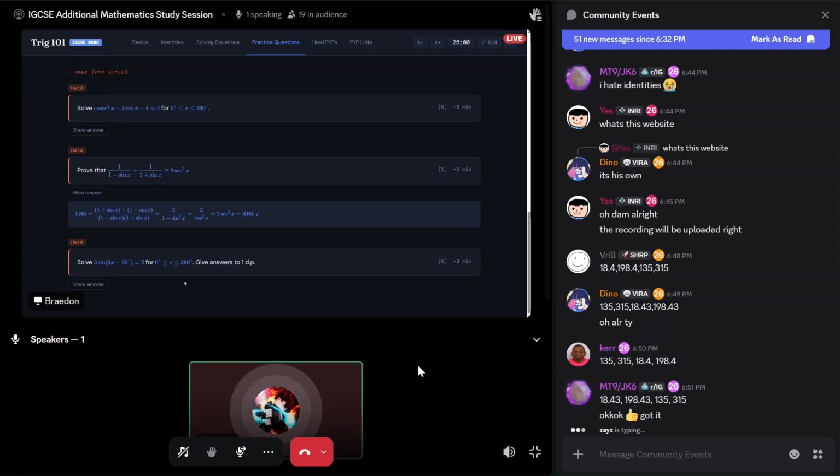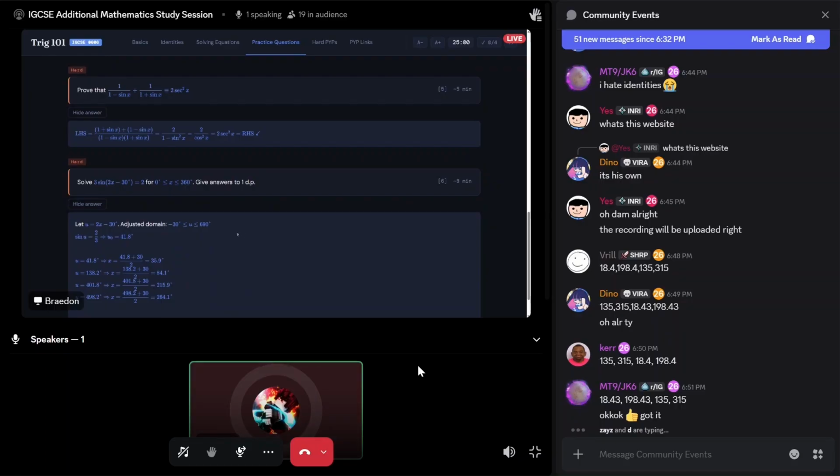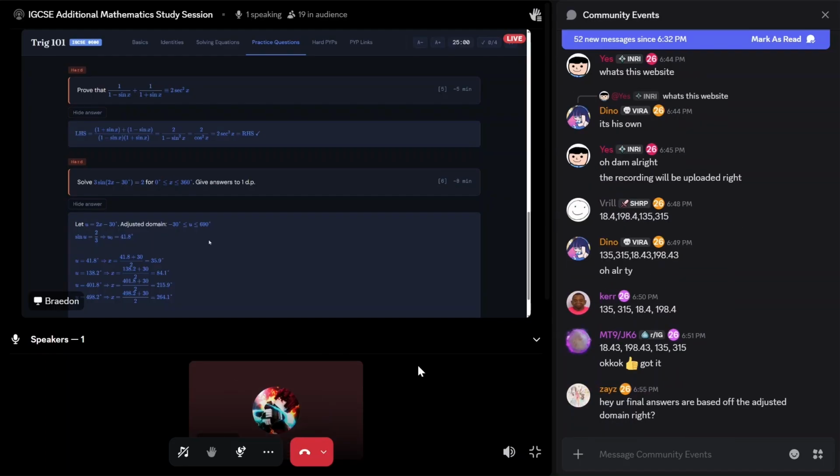If we put that into the domain, 2 times 0 minus 30 equals negative 30. And 2 times 360 minus 30 equals 690. So this is your new domain. You need to find all the answers that fit into this domain itself. Your final answers are based off the domain. You can check it back to your first domain.